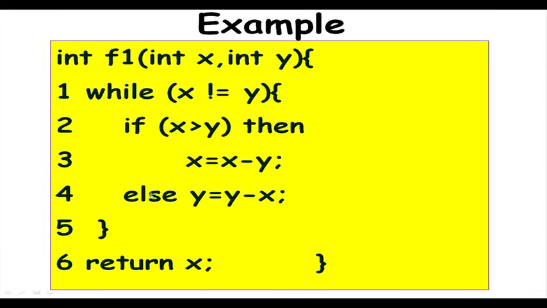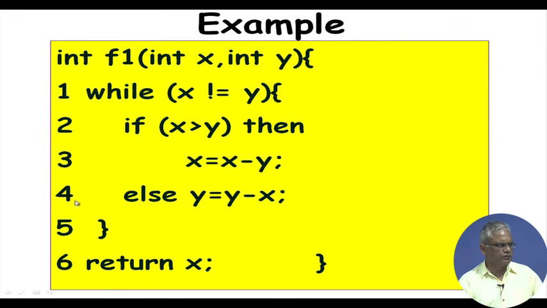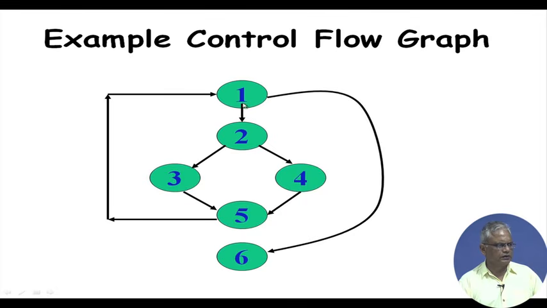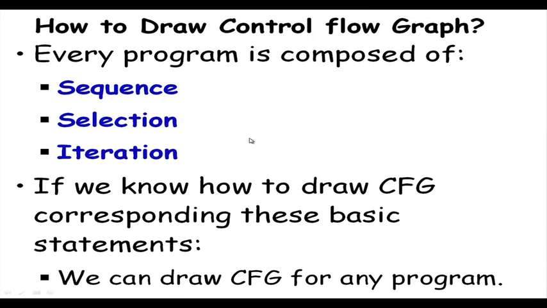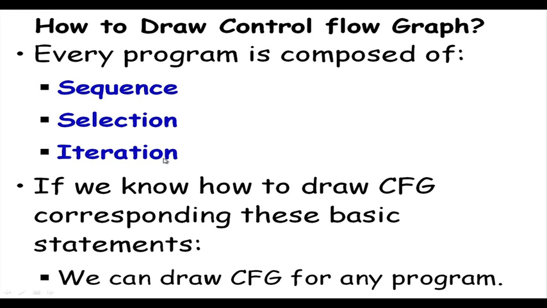So, let us look at this program. We number the statements here, then we draw the nodes here with the numbered statements, and then we draw edges depending on whether control can transfer from a node to another node. But then we must have some systematic way of drawing this, and that is based on realizing that every program consists of three types of statements: the sequence, the selection, and the iteration type of statements.